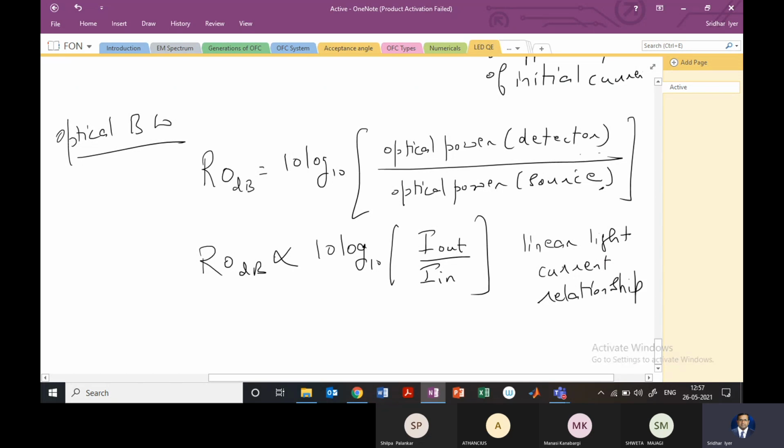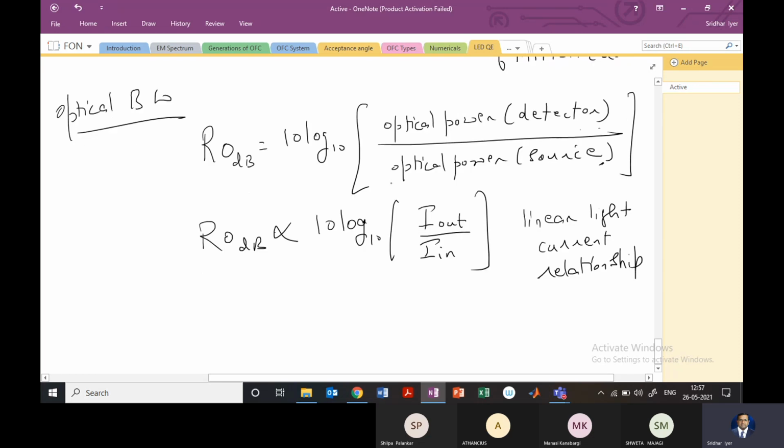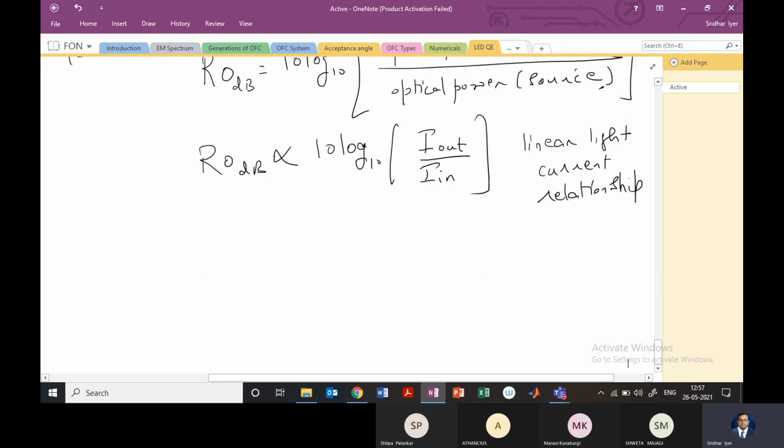If I square it, that linearity is going to be lost. As you increase the current, the optical output is also going to increase. Therefore, the 3 dB point, unlike the electrical system, is just going to be I out divided by I in, which is going to be half, whereas it was 1 by root 2 in that case.